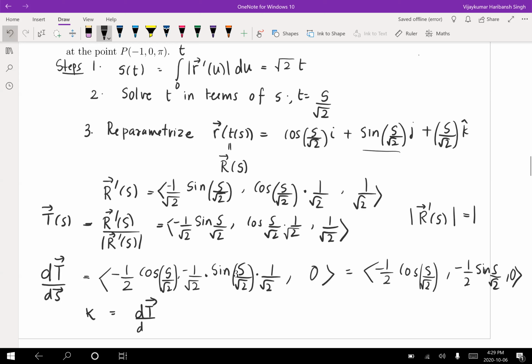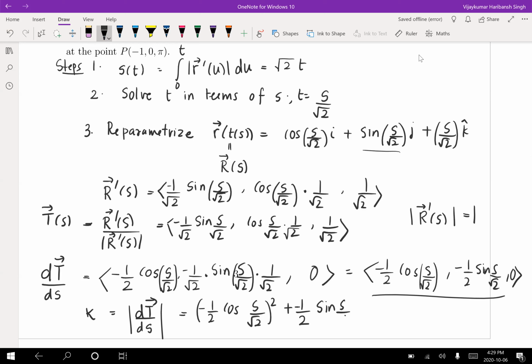So s is a scalar, so dT by ds, the length of this vector, is going to be half cos of s by square root of 2 whole square plus minus half sine of s by square root of 2 whole square plus 0 square. So this square half will come out and you get sine square theta plus cos square theta, which is 1. So the curvature is 1 by 2.